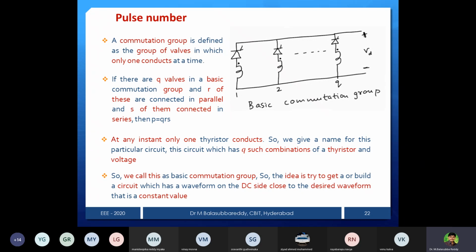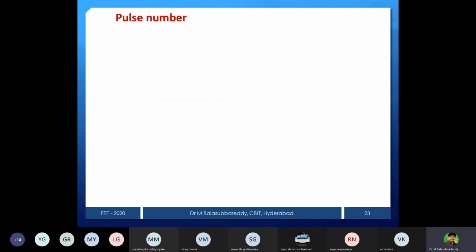Because if you increase the number of pulses, automatically your waveform is going to improve. So we connect this setup in such a way as to get a constant or desired voltage on the output side.